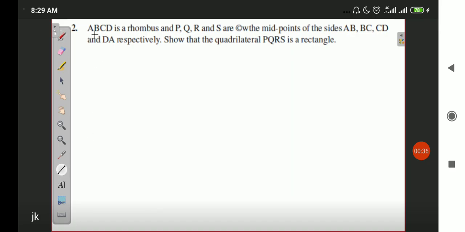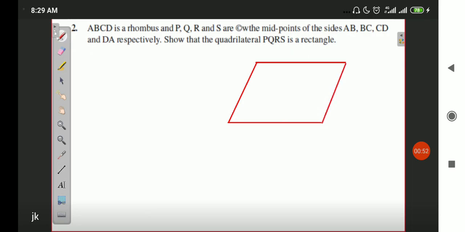Question number 2 is ABCD is a rhombus. So first of all, we draw a rhombus. A rhombus is a parallelogram whose all sides are equal. So we have drawn a rhombus.